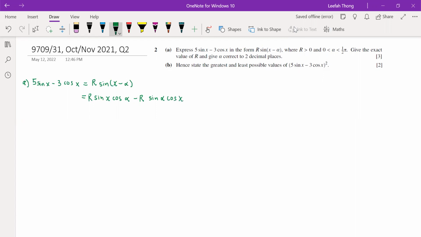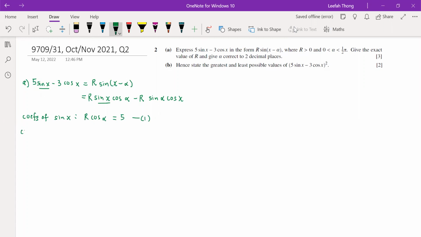Now, equating the coefficient of sine x, on the left we have a 5, on the right we have r cos alpha. So r cos alpha is 5, and that gives us equation number 1.